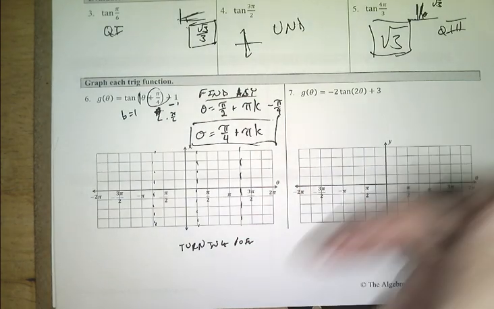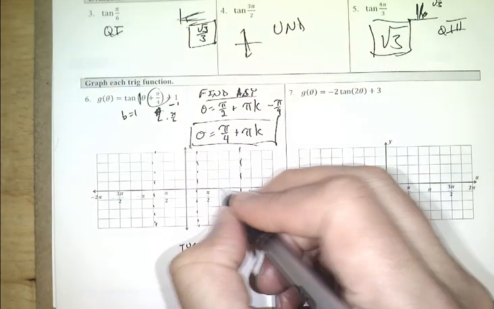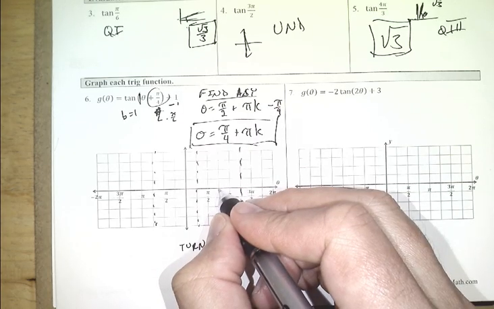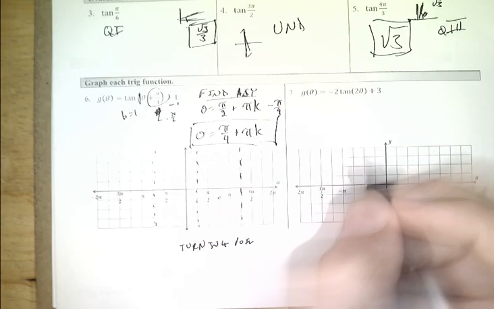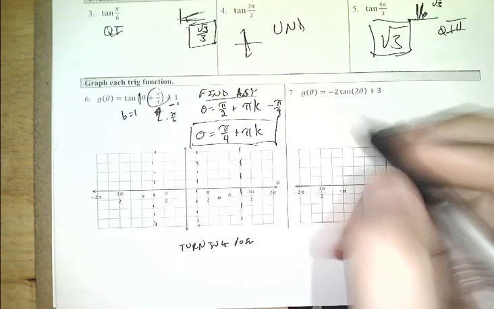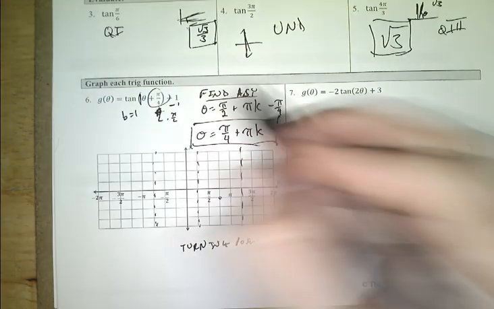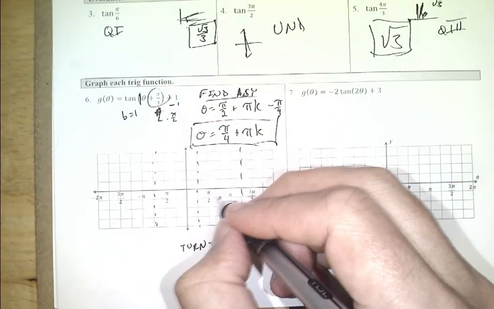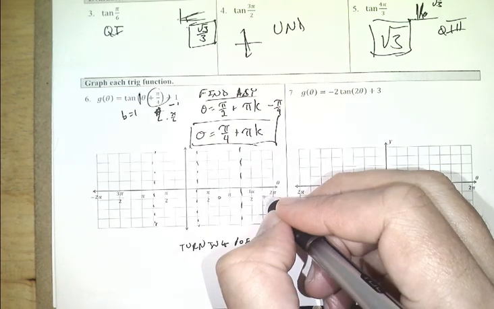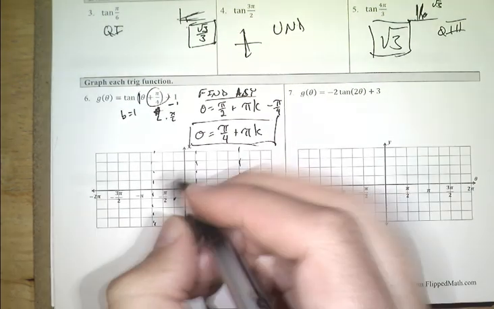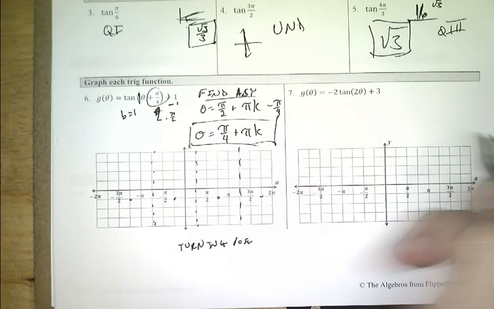Yeah, I believe it used to be a -1. So that's down 1, so we're going to shift down 1. And if I'm wrong about that, if it's plus, it'd be up 1. So that's where that would be. And then we need to find the other two, so that will happen at every pi. So there, there, and there.